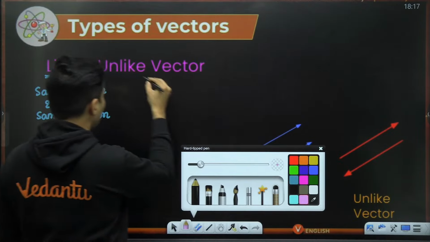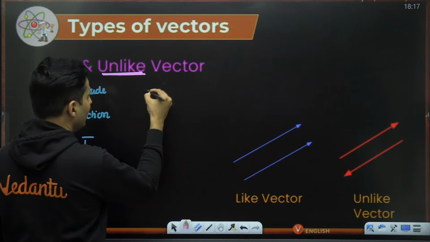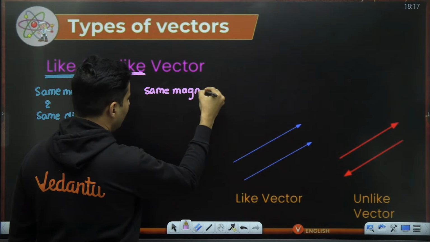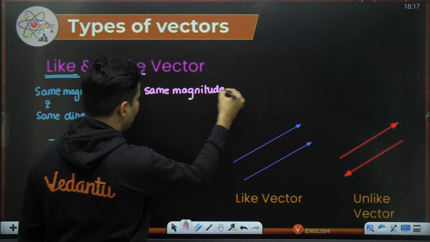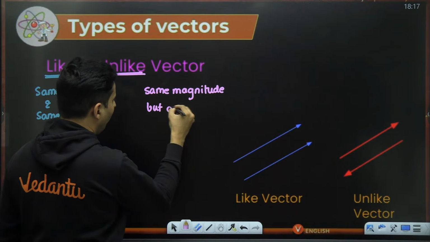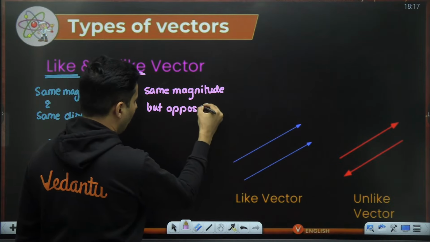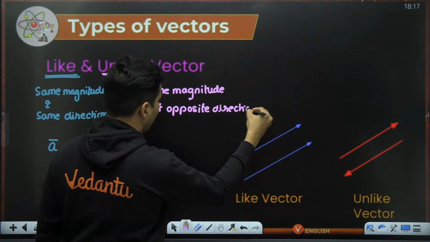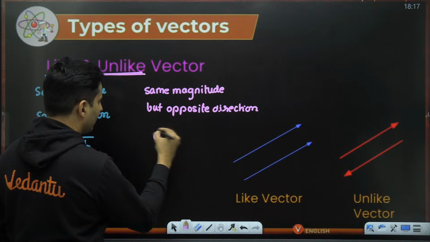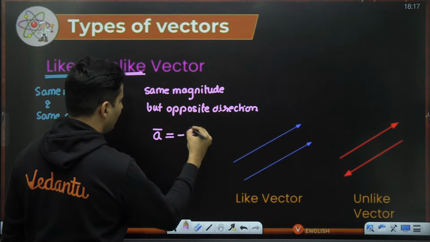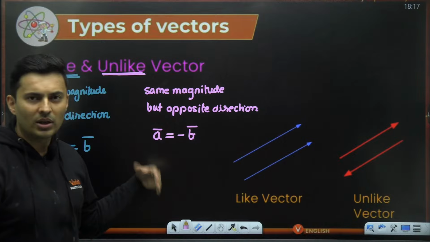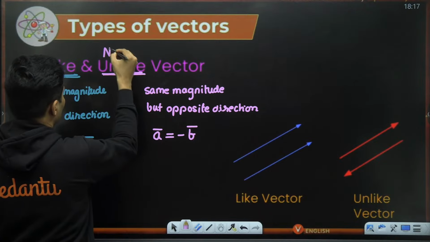Unlike vectors means same magnitude but opposite direction. So A vector is, let's say, negative of B vector. So then I will say they are unlike, or sometimes I can call them negative vectors also.